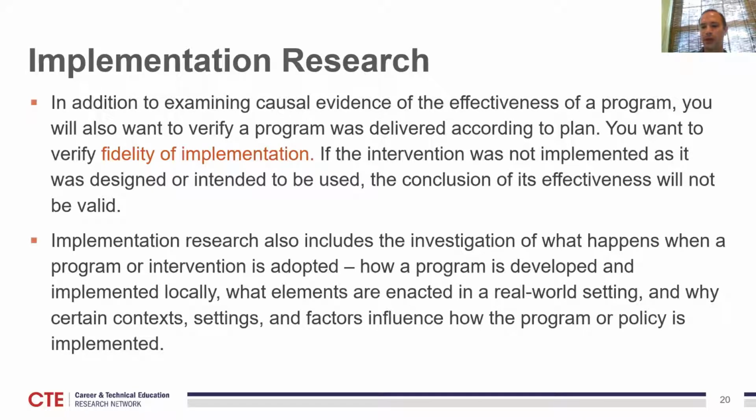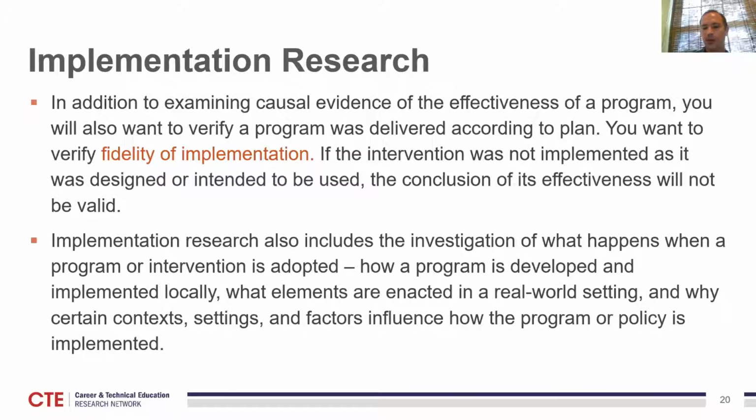If the intervention was not implemented as it was designed or intended to be used, the conclusion about effectiveness won't be valid. A study that finds an intervention ineffective should be able to provide evidence that the program was implemented according to the intended model. Otherwise, it's impossible to tell if an effect or lack of an effect is related to the intervention.